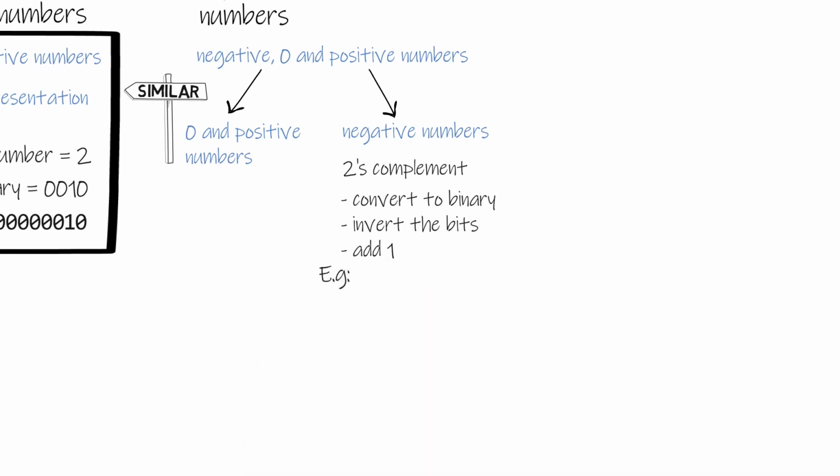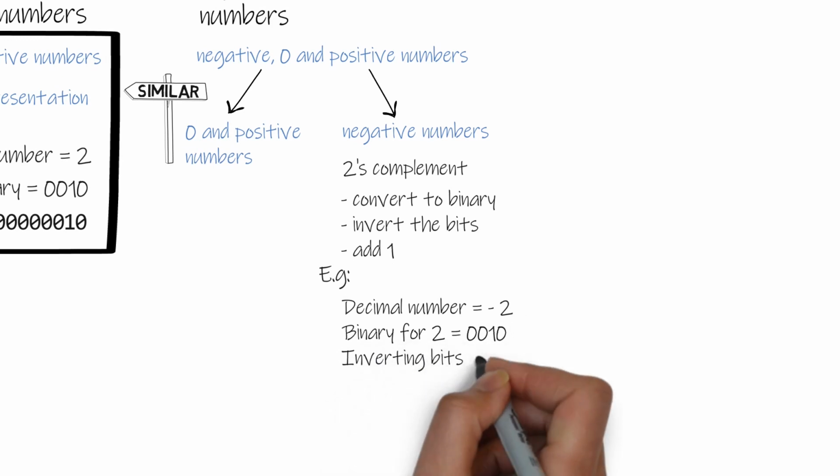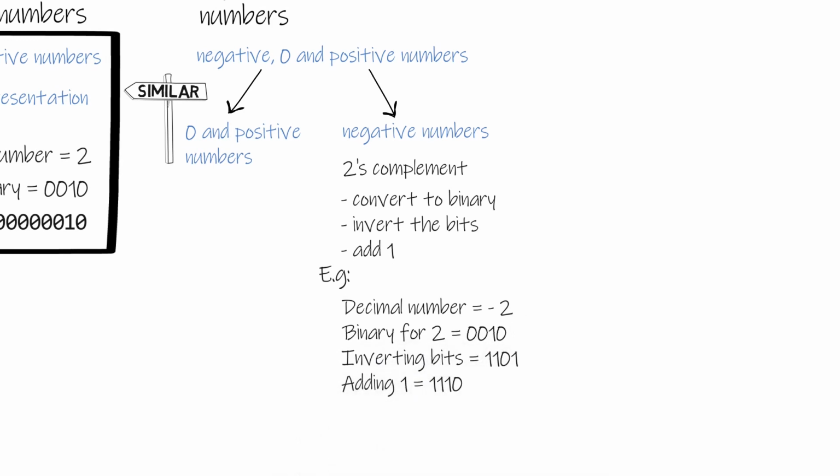For example, to represent negative 2, we start by converting 2 into binary. We get 0010. Then we flip all the bits in the binary number and we get 1101. At last, we add 1 to the number and we get 1110.